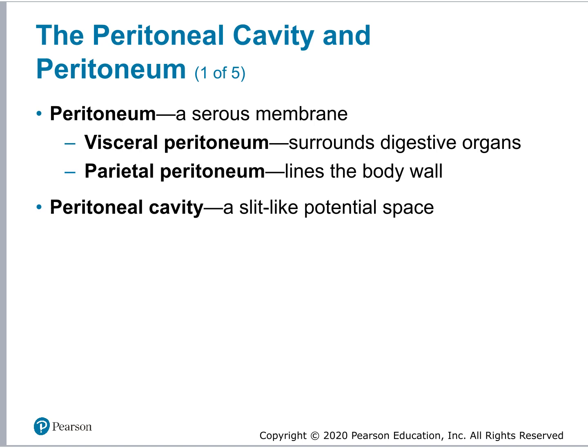A little bit of review from Chapter 1. The abdominopelvic cavity is also known as the peritoneal cavity, and the tissues that surround those organs in the abdomen are called peritoneal tissues or peritoneum. And the peritoneum, which is a serous membrane, do you remember what that means? If anything is a serous membrane, that means it's producing a serous fluid. And a serous fluid is thin, it is watery, and it's a lubricant.